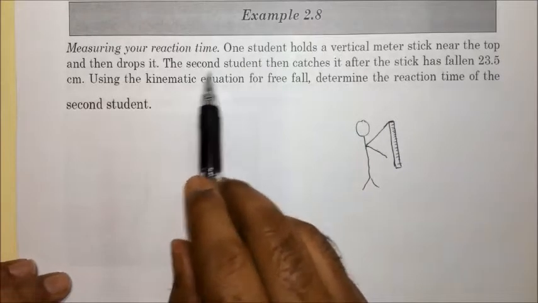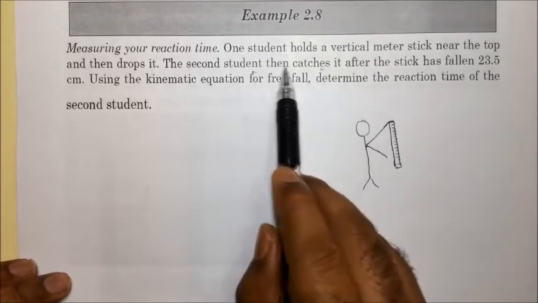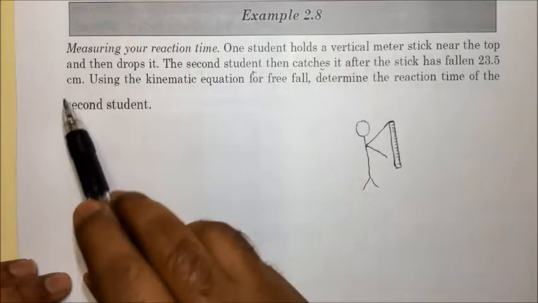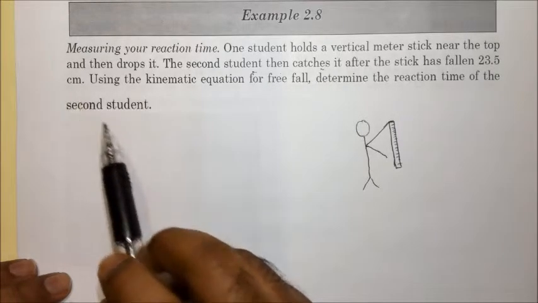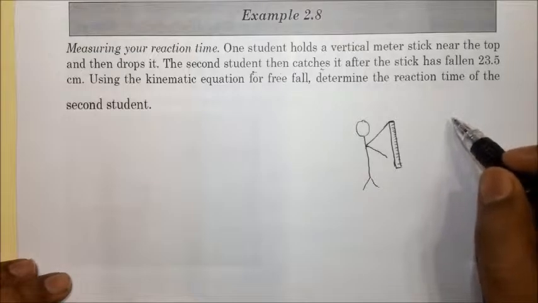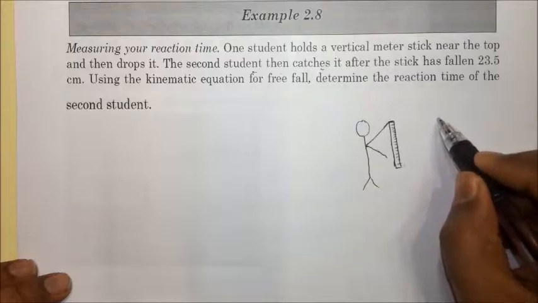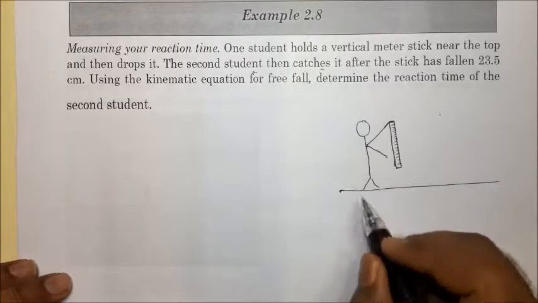The second student then catches it after the stick has fallen 23.5 centimeter. Okay, and so this is your ground.